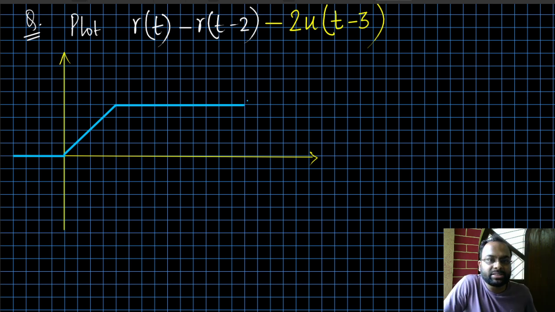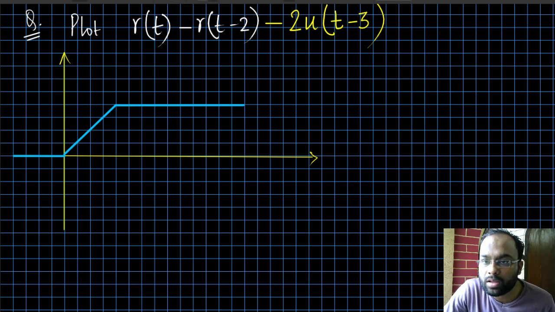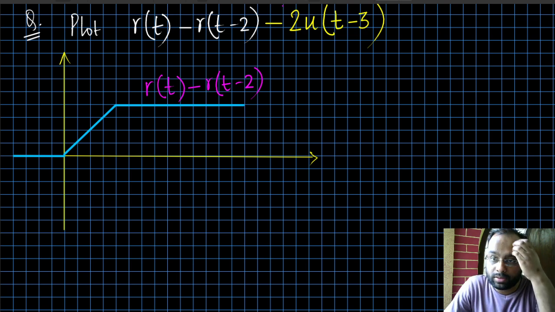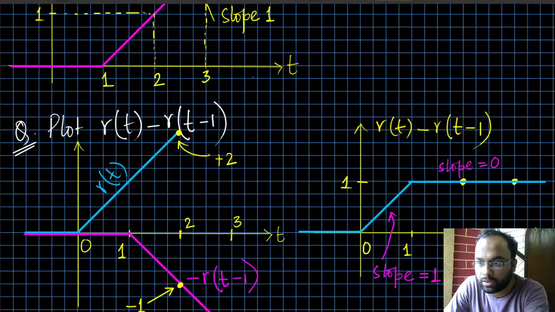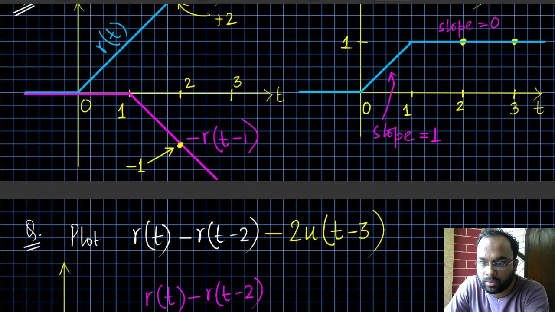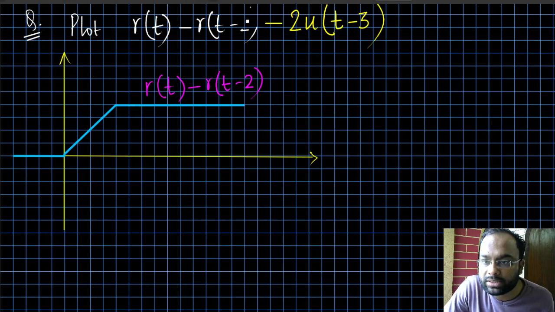So I believe we have established that this is RT minus RT minus 2, right? Hold on.